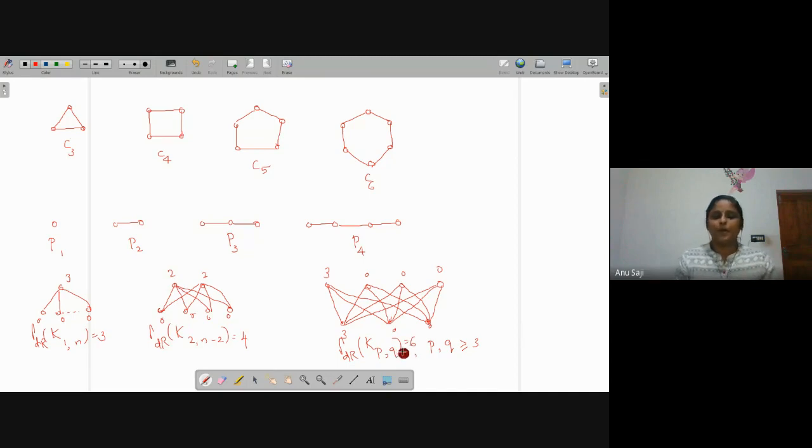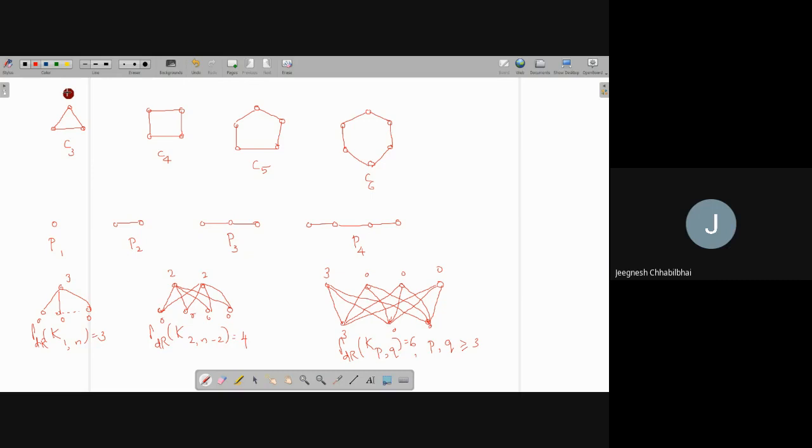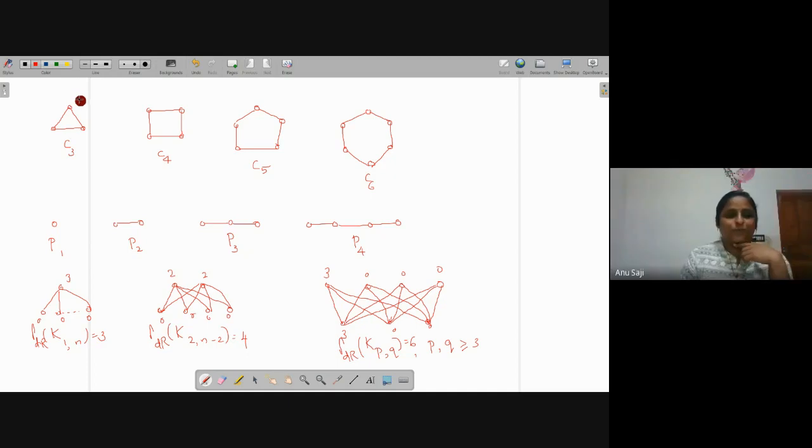Okay. Now, what will be the gamma dr of cycles? C3. It is trivial. 2. 2 won't work. 4. We don't need 4.